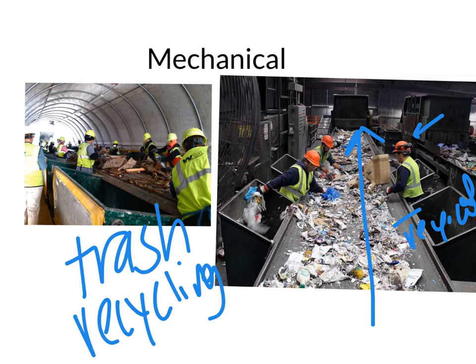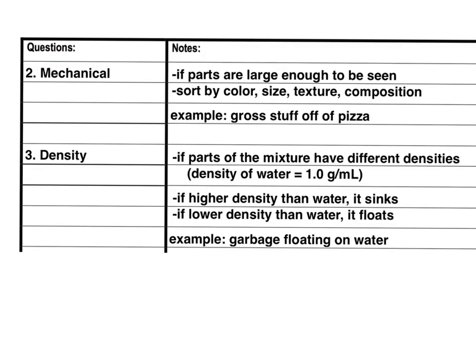And when you put all of your stuff into one huge recycling bin, somebody has to go through and figure out how to separate it. So the paper and the plastic and the glass are all different. They also have different densities, so you could put it into something that will figure out how heavy it is, and it will sort of separate it out. But by hand is always the best way to do recycling or big things like that.